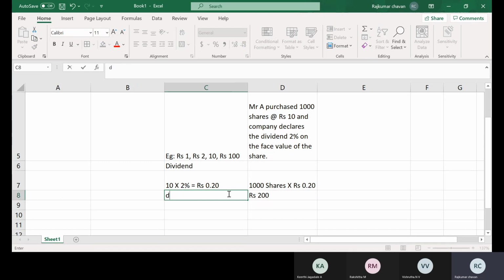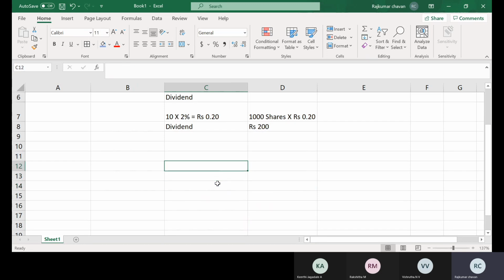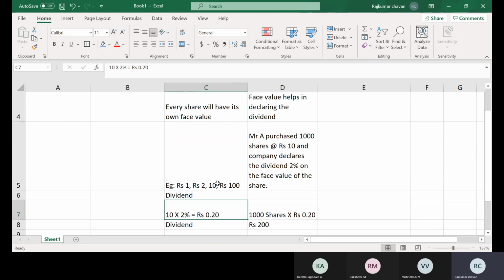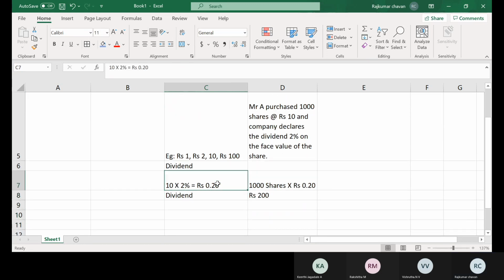Now you understood the importance of face value, why we have to calculate face value, why it is needed. Face value helps to know the dividend, and a note also has its face value, right? 10 rupees note, 100 rupees note, 500 rupees note.